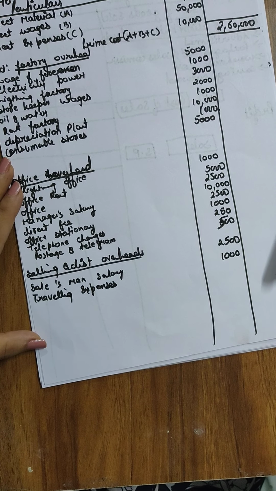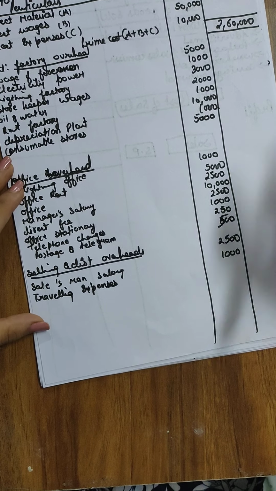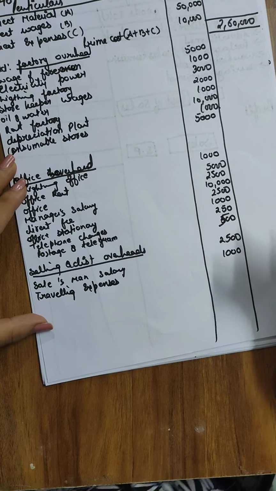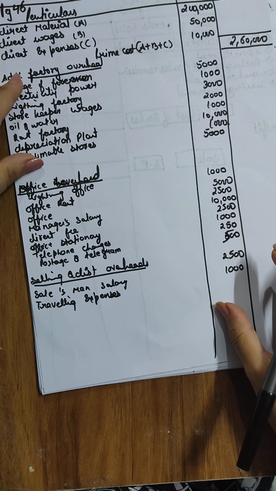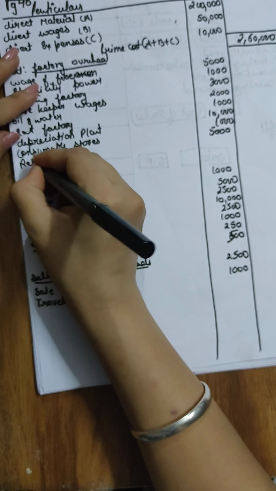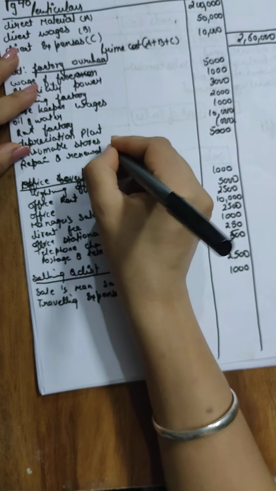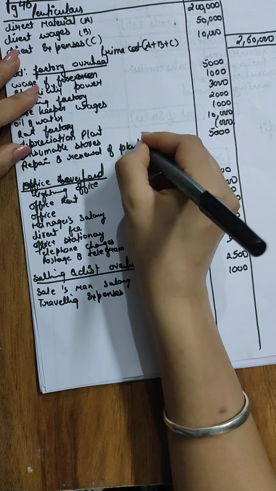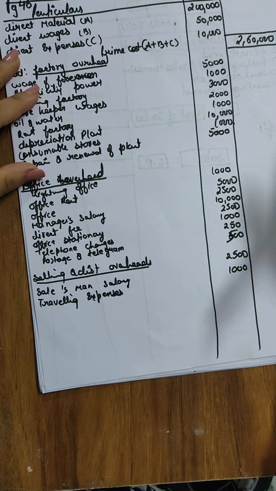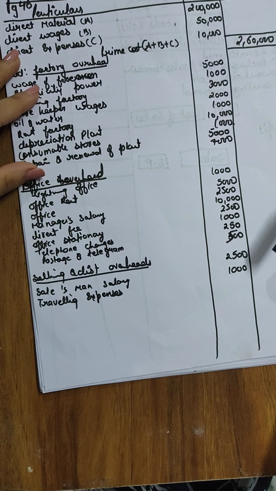Next thing given to us is repair and renewal of plant, 7000. So this is repair and renewal of the plant, which is related to the factory overhead. So I'm going to write it over here, repair and renewal of plant, which comes as 7000.